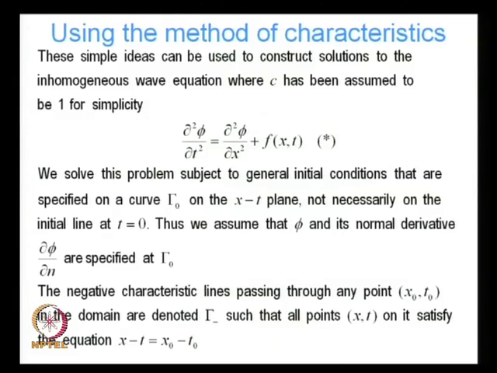So, all points on the negative characteristic line satisfy the equation x minus t equal to x0 minus t0, that we have seen last time. That is basically the equation of the negative characteristic line, x is equal to x0 minus t0 plus t, or x minus t equal to x0 minus t0.